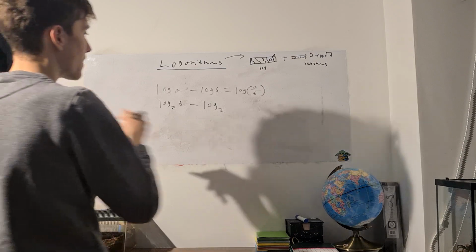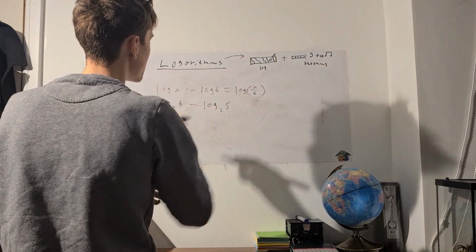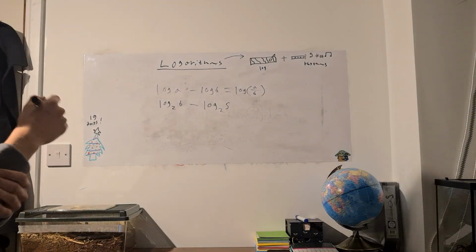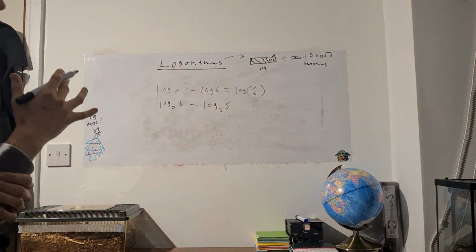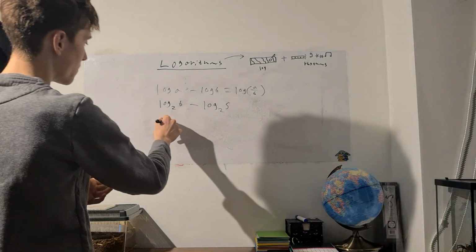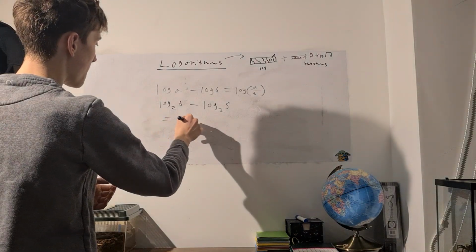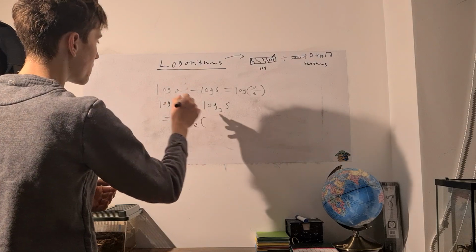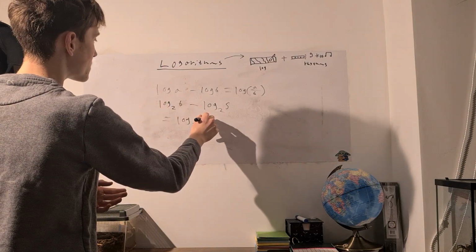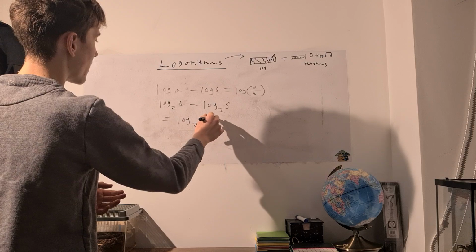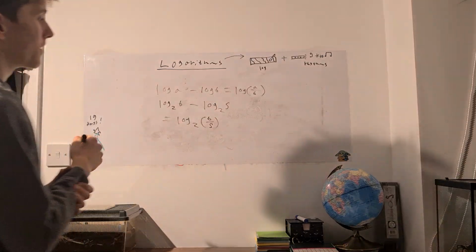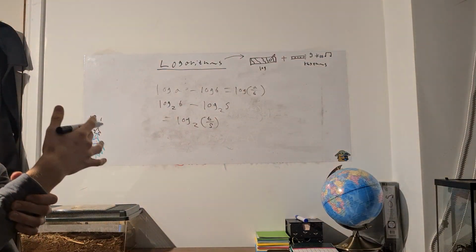Let's do a random one then. 5, log base 2 of 5. Okay. Now what's that equal to? Well, that's going to be equal to log base 2 of 6 over 5.